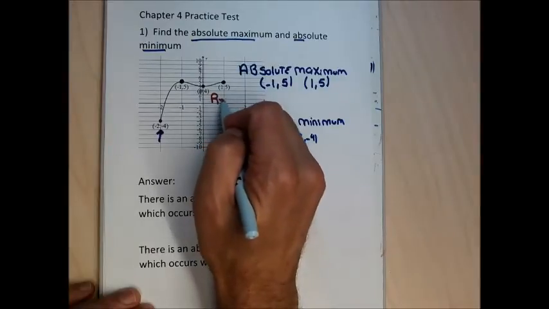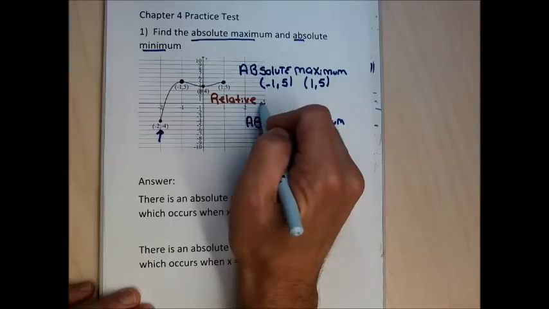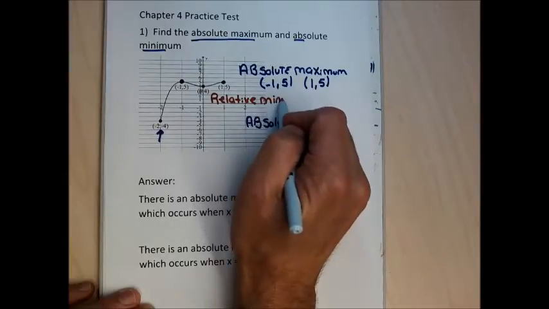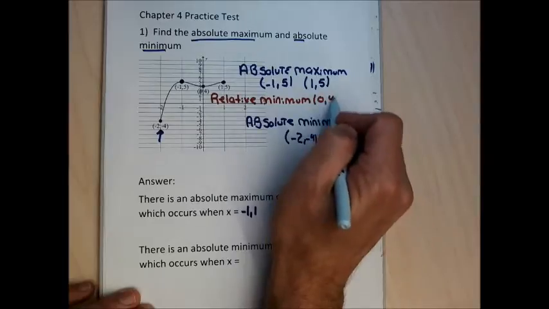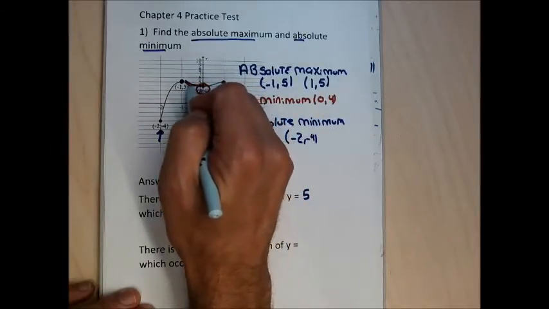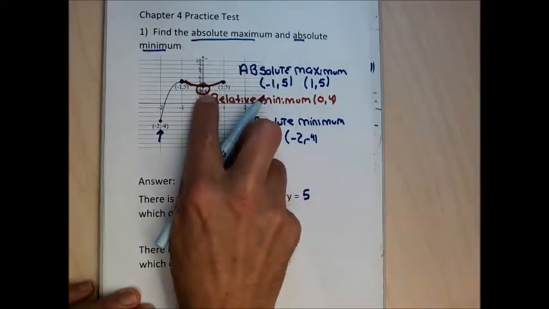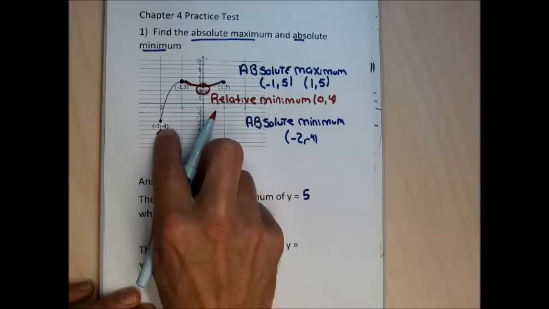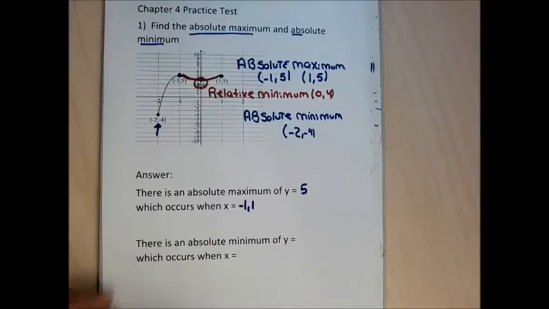The point 0,4 is considered a relative minimum, which means relative to points close to it, it's the lowest point. It's lower than any point close to it, but it's not absolutely the lowest point on the graph, because that point is lower than it and makes it not an absolute minimum. So that point's a distractor.